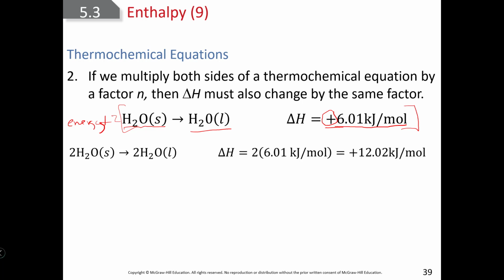So whatever multiplier I use here to hit this coefficient, I must also multiply the energy by that 2. Makes sense. You burn 1 piece of wood, it gives off a certain amount of energy. You burn 2 pieces of wood that are the same, you get twice as much energy off. So that's pretty easy to understand.